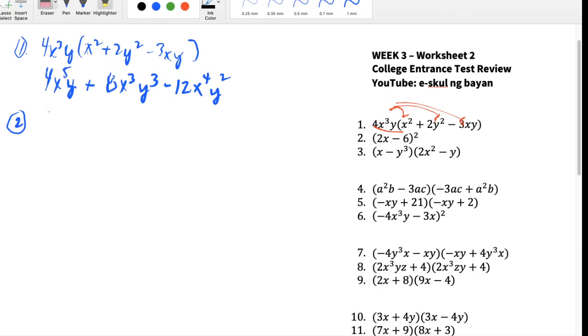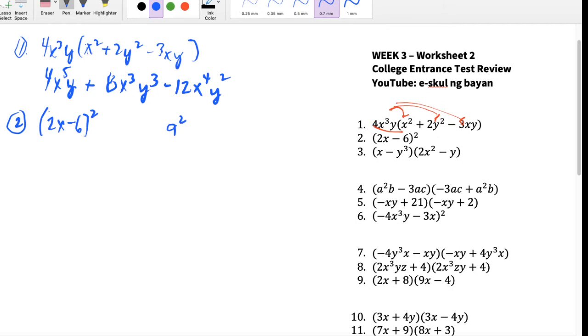Okay, for number 2, we have 2x minus 6 squared. Okay? So, dito meron tayong perfect square trinomial. Ano nga yung form nun ulit? A squared. Ano yung magiging form ng answer natin? We will have something na a squared plus or minus, opposite yung sign nila.